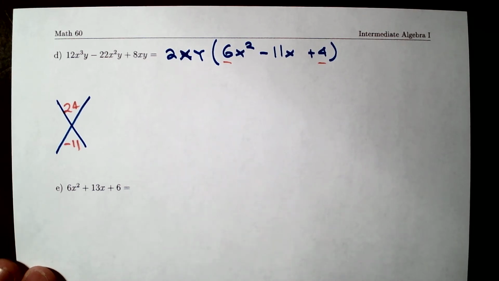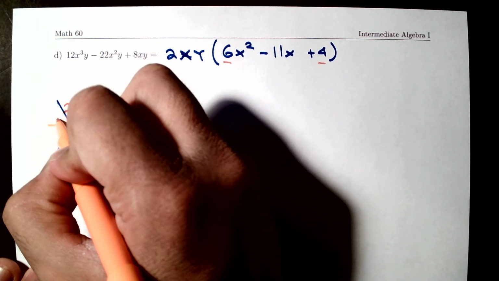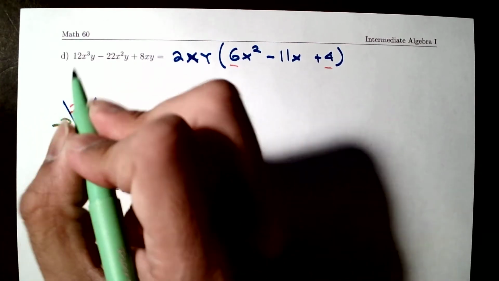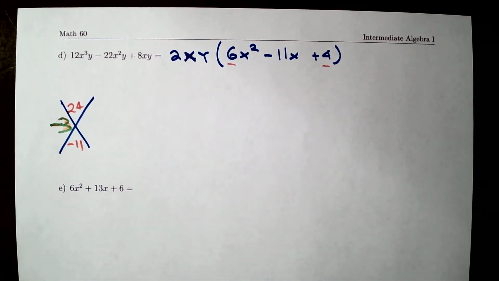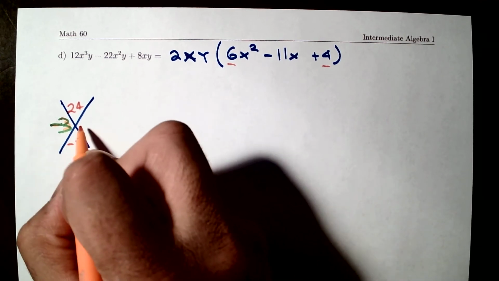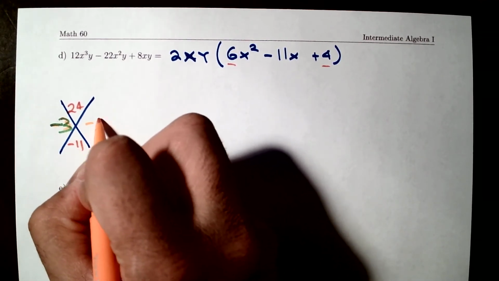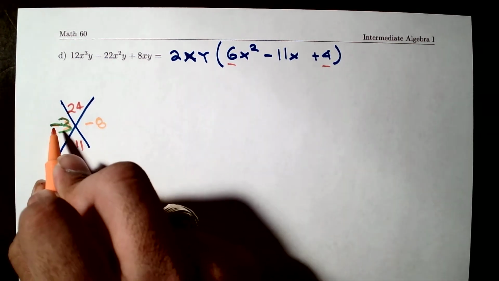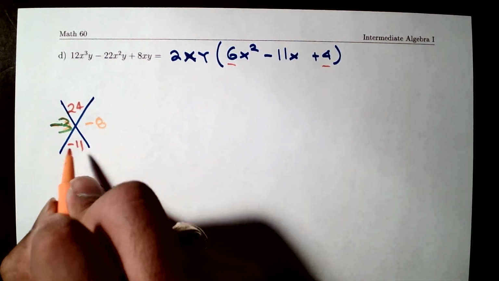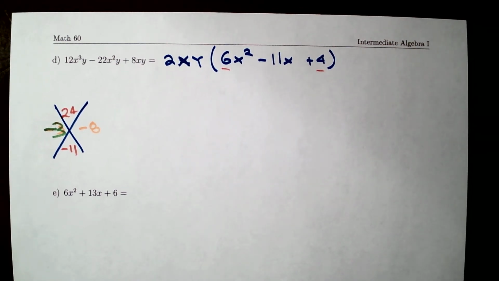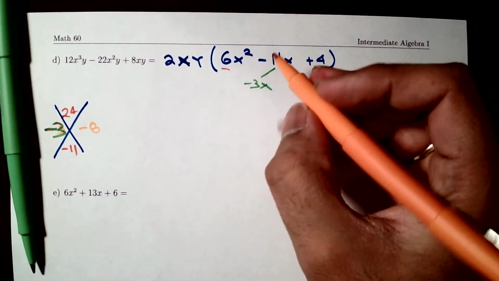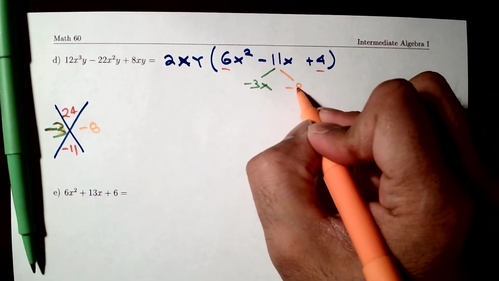So we use the numbers negative 3 and negative 8. Because negative times a negative is positive, 3 times 8 is 24, and negative 3 minus 8 equals negative 11. So break up the middle term as negative 3x and negative 8x.